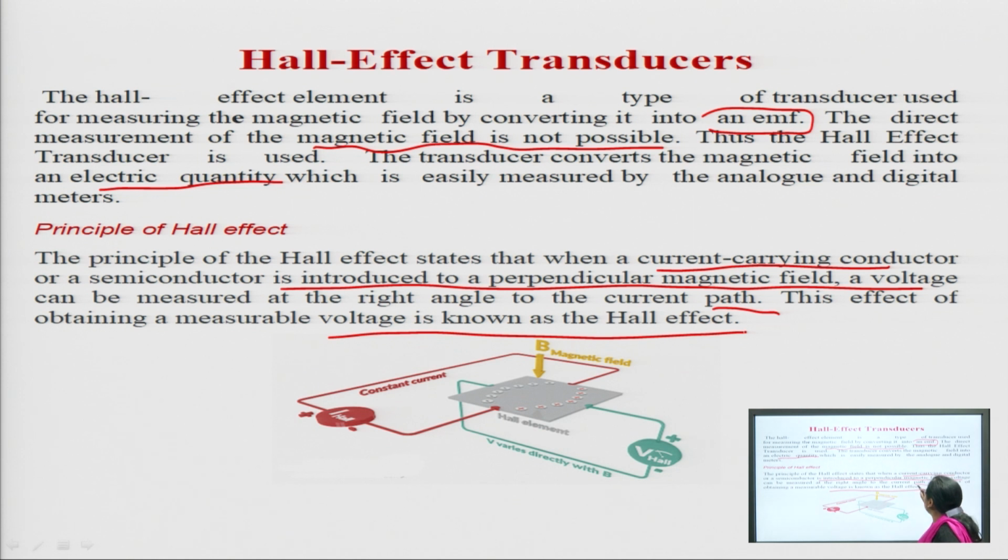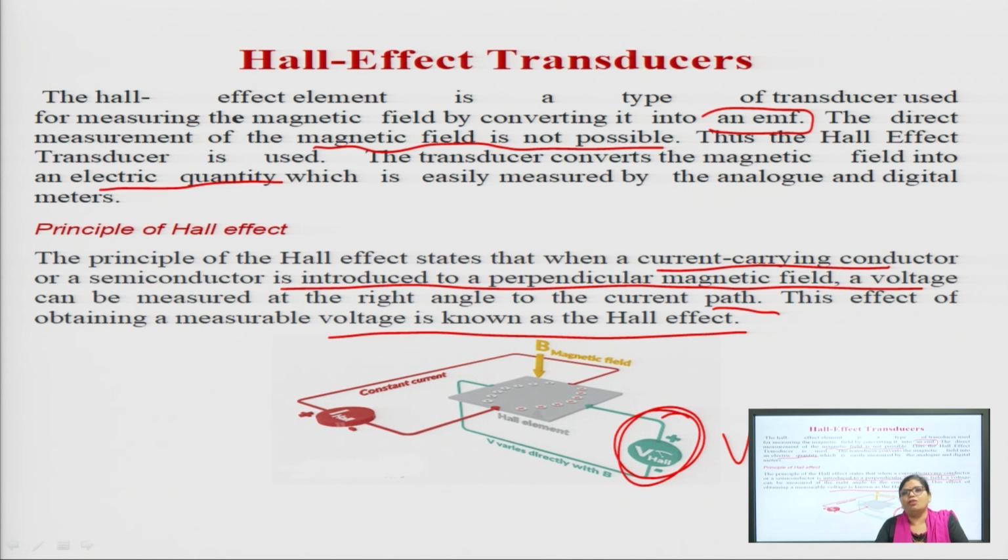When a current carrying conductor or semiconductor is introduced to a perpendicular magnetic field, a voltage can be measured at right angles to the current path. When we consider the Hall Effect, we consider two laws, Lorentz law and Fleming's left hand rule. This effect of obtaining a measurable voltage is known as the Hall Effect. Again, repeating: when a current carrying conductor or semiconductor is introduced to a perpendicular magnetic field, a voltage can be measured at right angles to the current path. This is known as the Hall Effect, and this voltage is denoted by VH, the Hall Effect voltage.